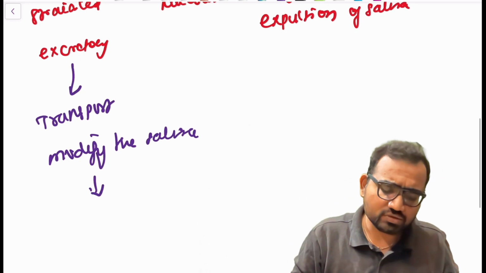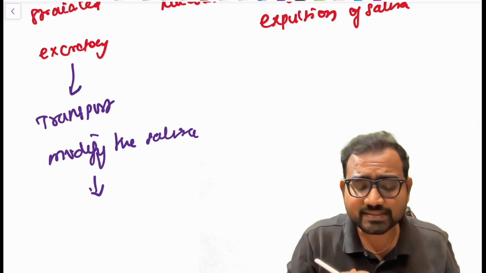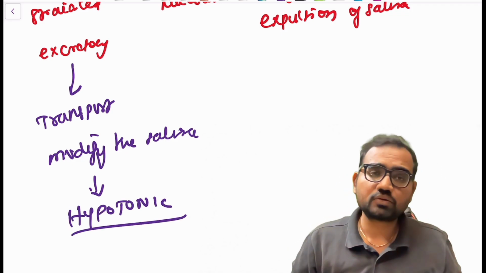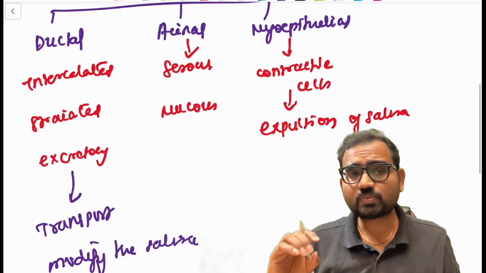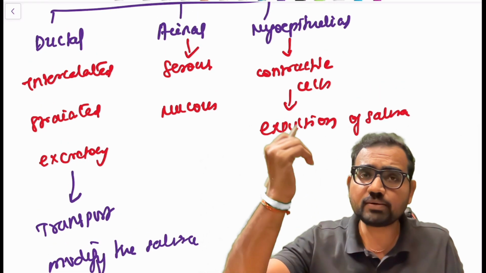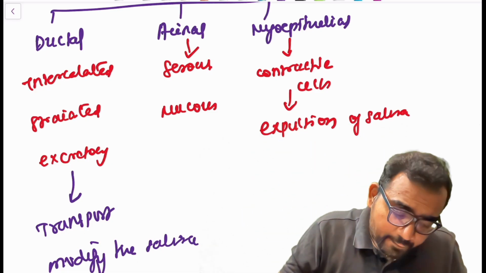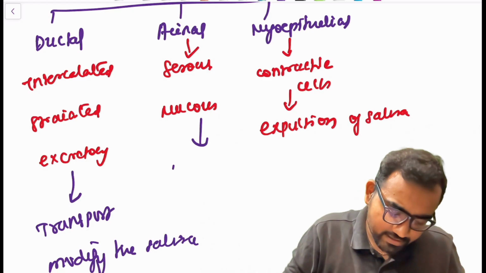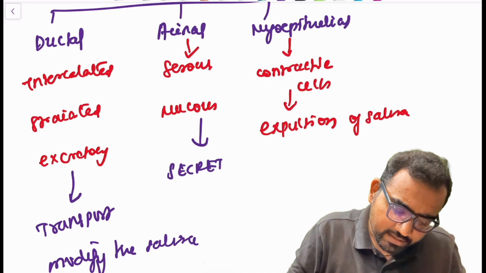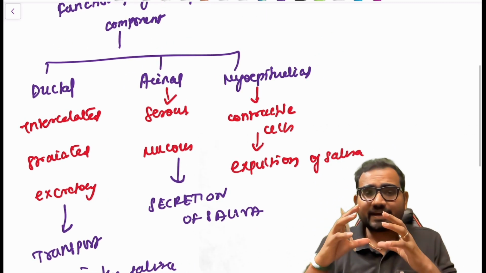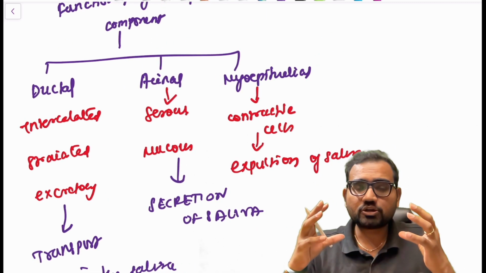It will remove the ions and make the saliva hypotonic. It will be expelled by the myoepithelial cells. And the acinar cells are responsible for the secretion of saliva. So the parenchymal component is a functional component of the salivary gland.